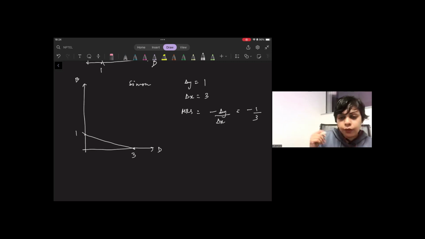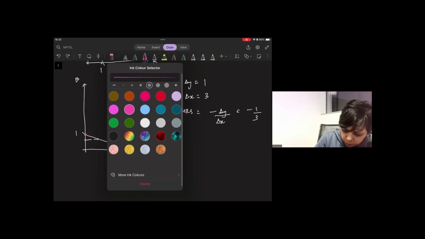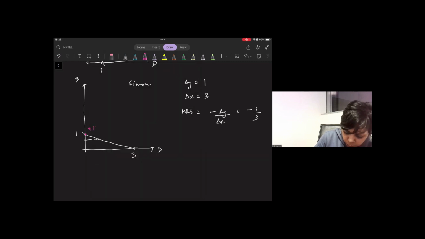So here, if you're still confused, what you can do is take 1 point here. From this point, 0 comma 1, let me put in some other color. So this point is 0 comma 1.